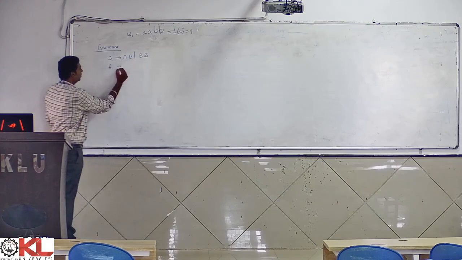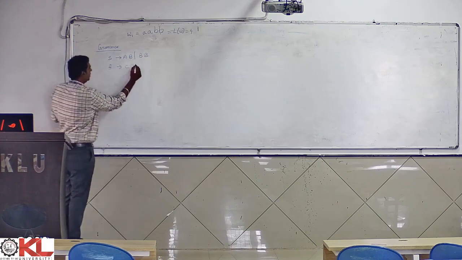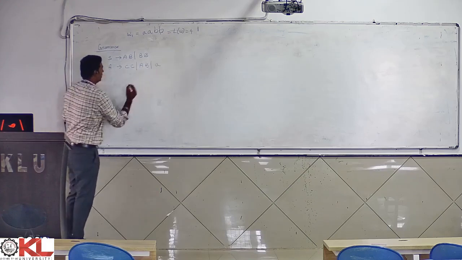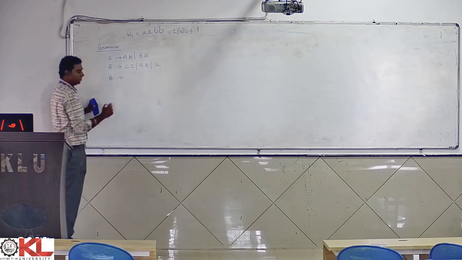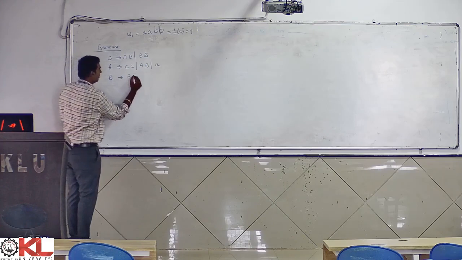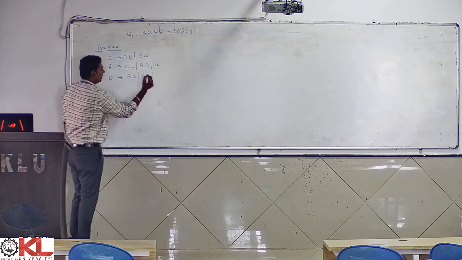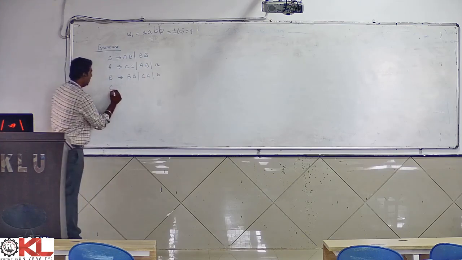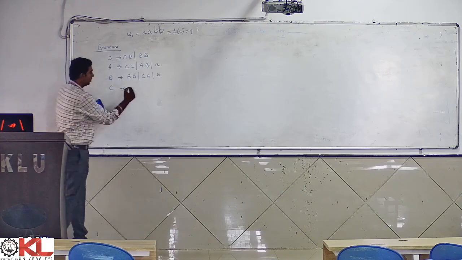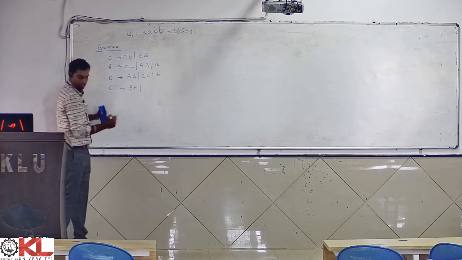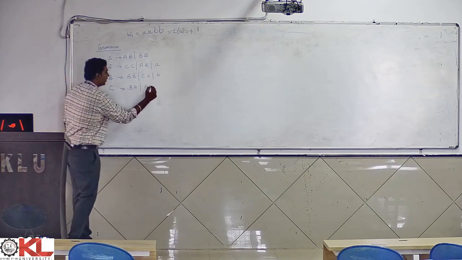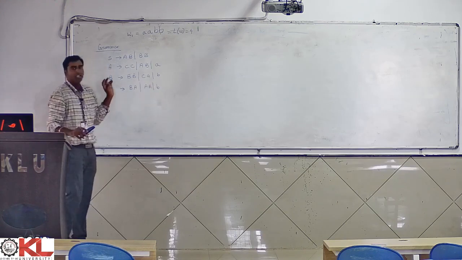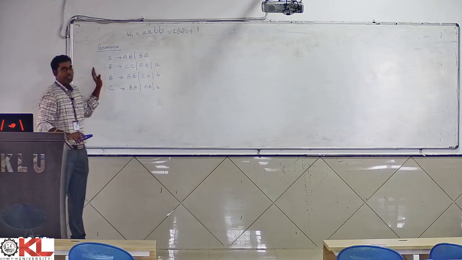A tends to CC, AB and A. Similarly, B tends to BB, CA and B. Similarly, C tends to BA, AA and B. So this is the grammar given in this particular problem.